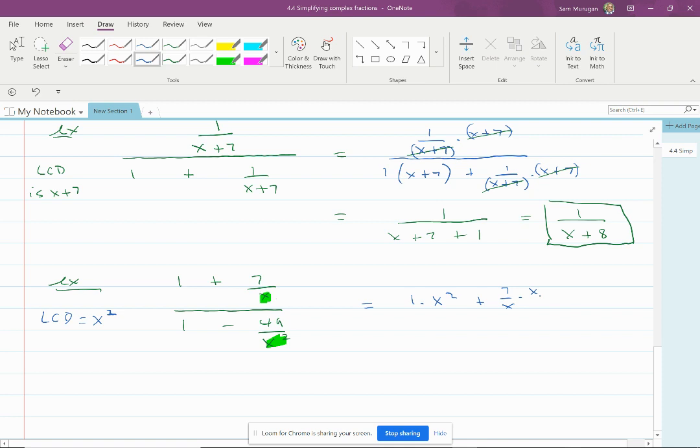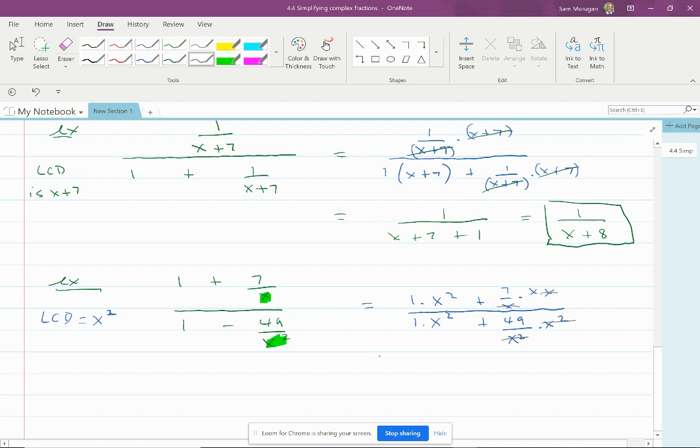And if you want, you can write x squared as x times x, just so we can cancel out that x there. 1 times x squared plus 49 over x squared times x squared. So x cancels out with one of the x's here, and x squared cancels out with x squared.